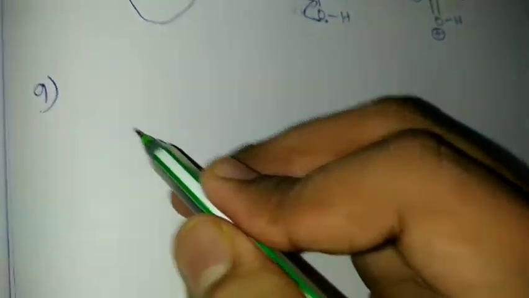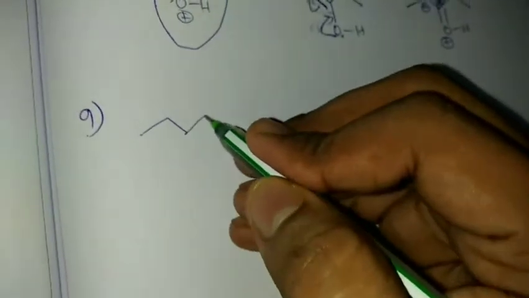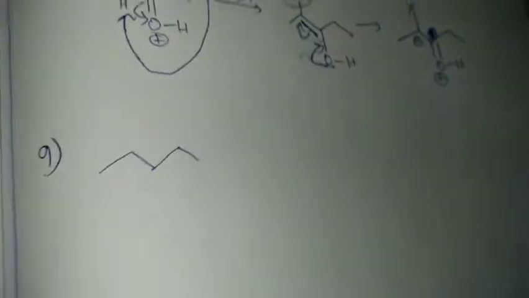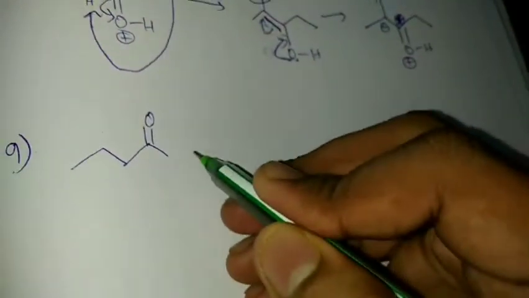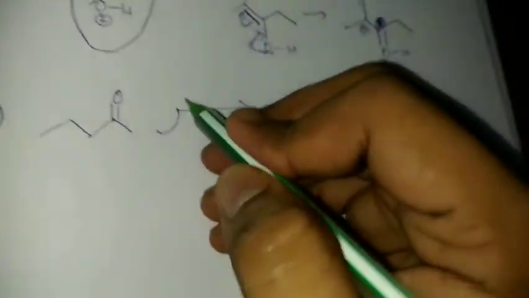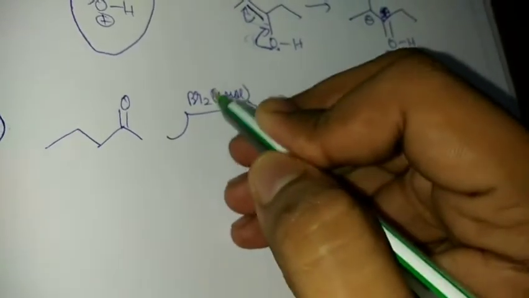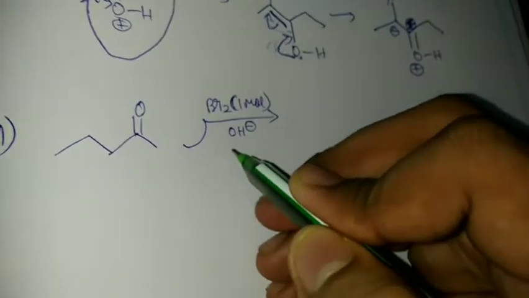So you can do the 9th question, let it be homework. Okay, so let's take up this compound. Take up this compound only. So first you react it with Br2 1 mole in the presence of OH minus.